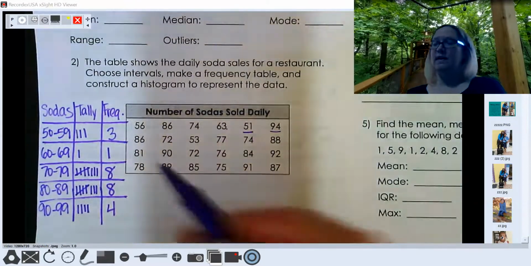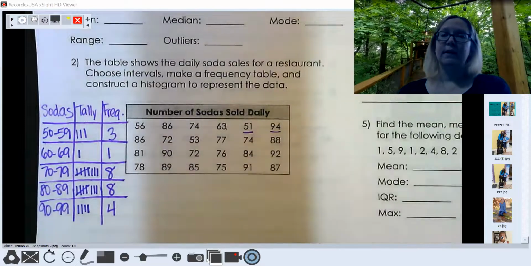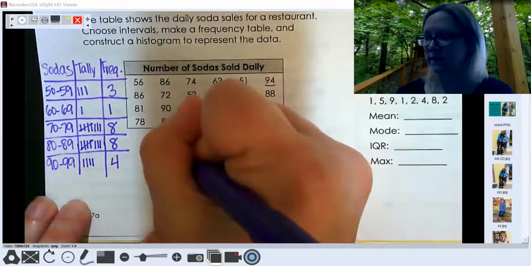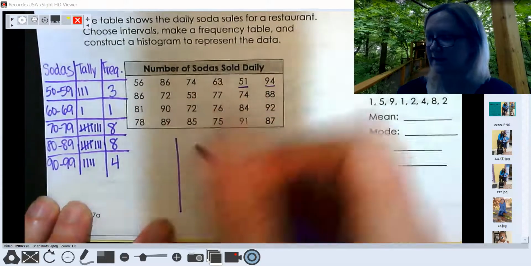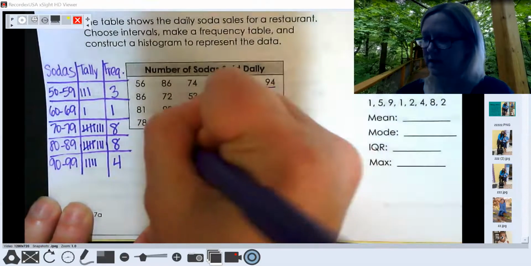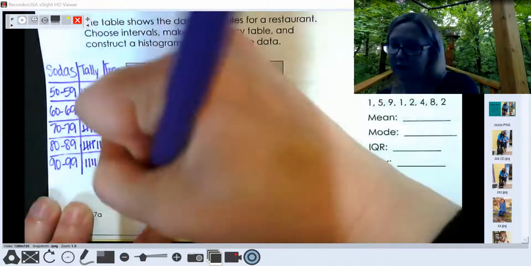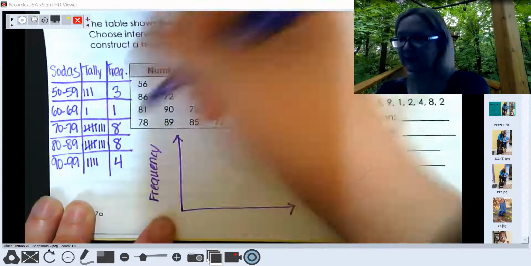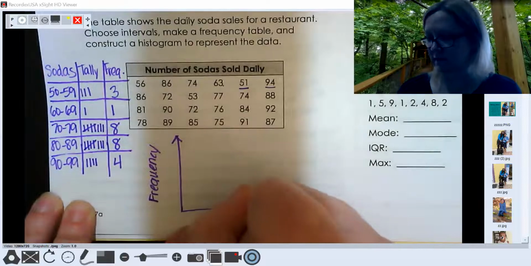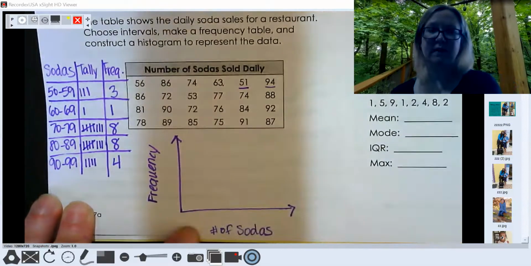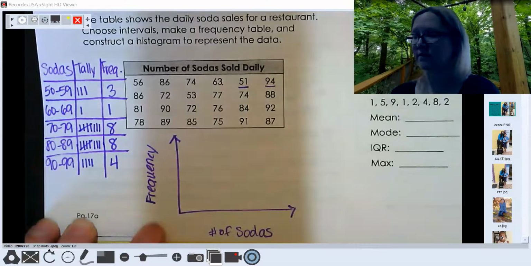Okay. Now I can use this data to make my histogram. So for the histogram, let's make our X and Y axis. Make sure we label those. So my Y axis is going to be the frequency, and my X axis represents the number of sodas, and the number of sodas is represented with the intervals that we have.